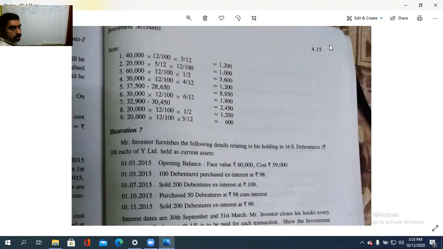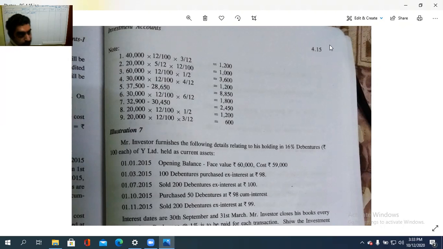From 1st April, it is June, so April, May, June: 3 by 12, not 6 by 12. So 400 into 3 is 1,200. That is the interest, 1,200. That is the first case here.